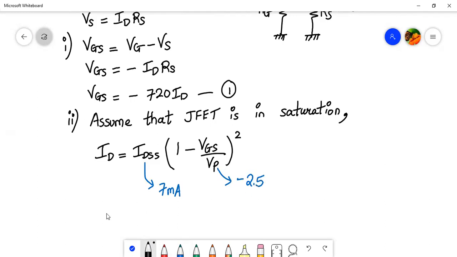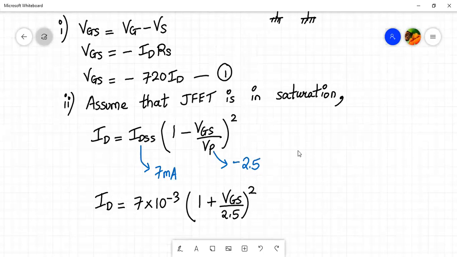So the expression becomes ID equal to 7 into 10 raised to minus 3 into (1 minus VGS upon minus 2.5), so this will become plus. That is the expression which we get.